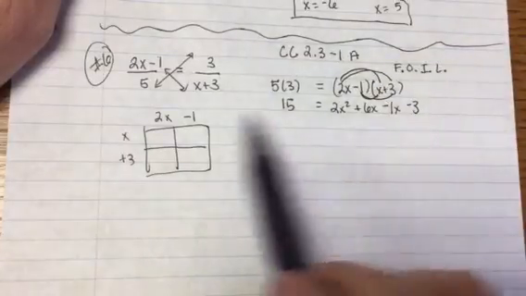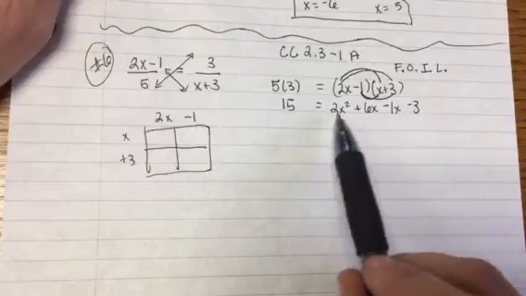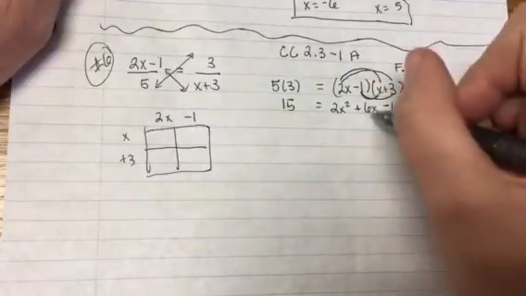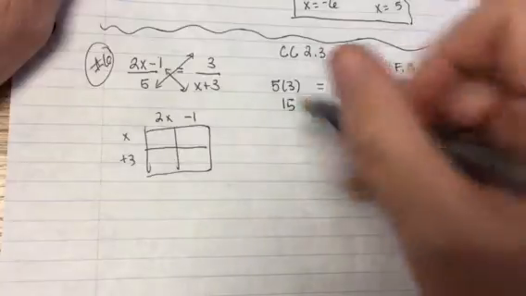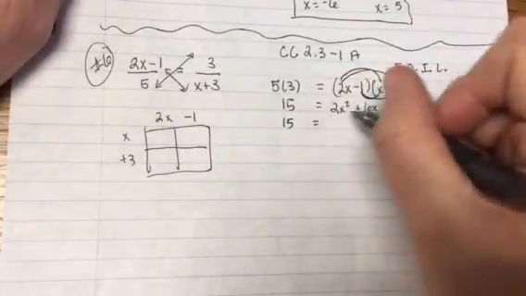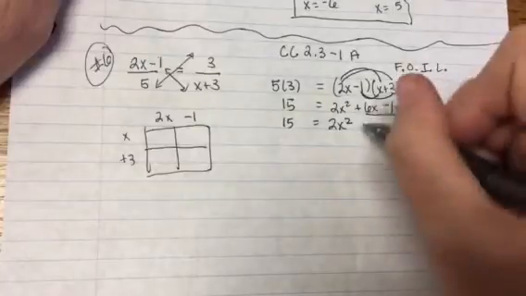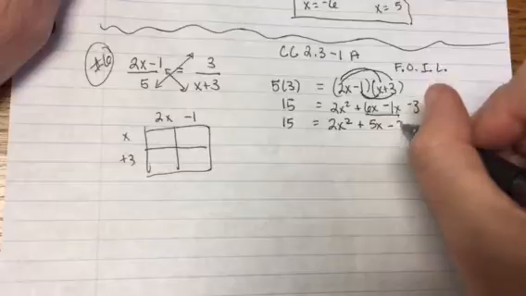So no matter if you use the area model or FOIL, we get the same information in our polynomial, and then we want to simplify it so that those two linear terms in the middle become 5x. So 15 equals 2x squared. We said 6x minus 1x is 5x, so plus 5x minus 3.